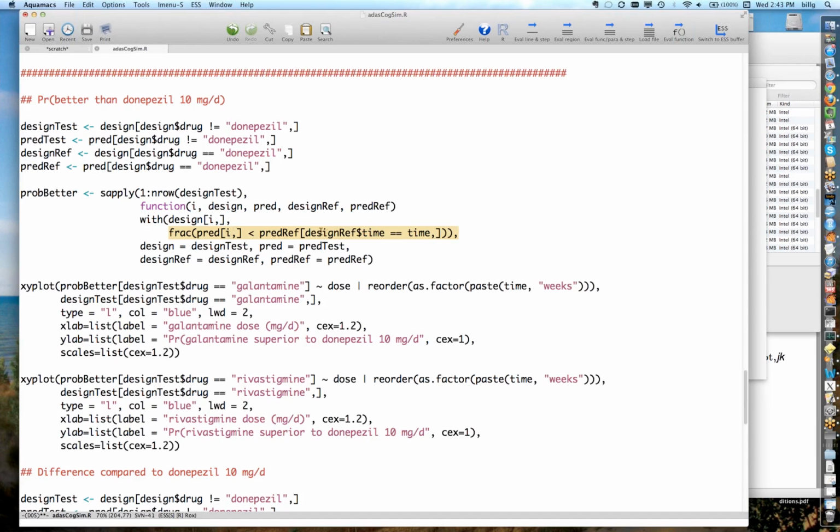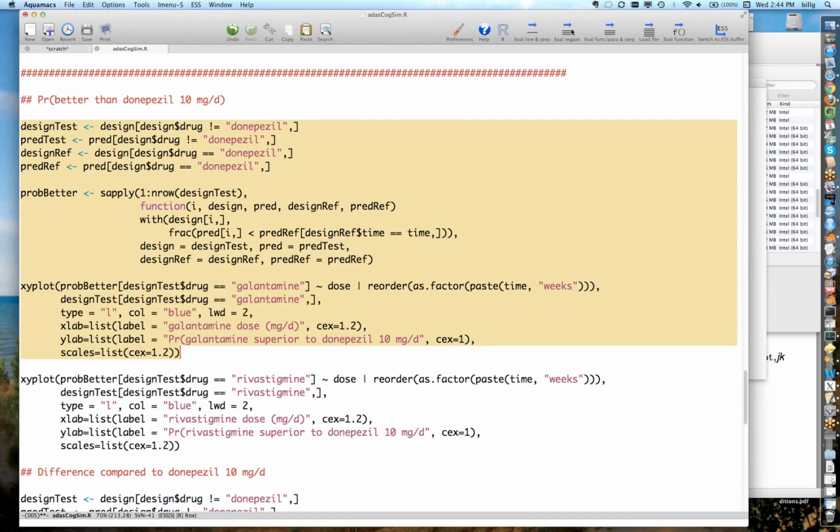So I'll get a bunch of zeros and ones corresponding to each posterior sample, and then I can just calculate the fraction of those which are ones, and that's my estimate of the posterior probability that particular treatment is better than donepezil 10 milligrams per day with respect to the effect on ADAS-Cog.